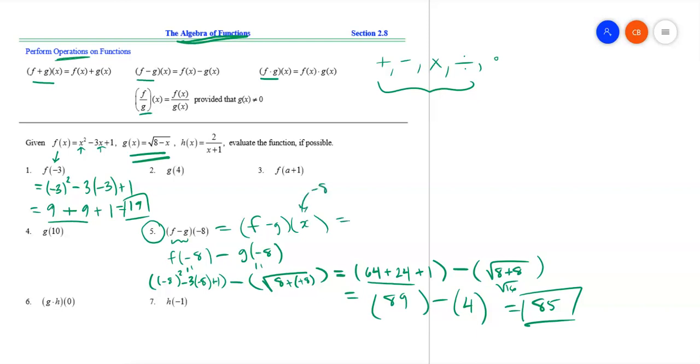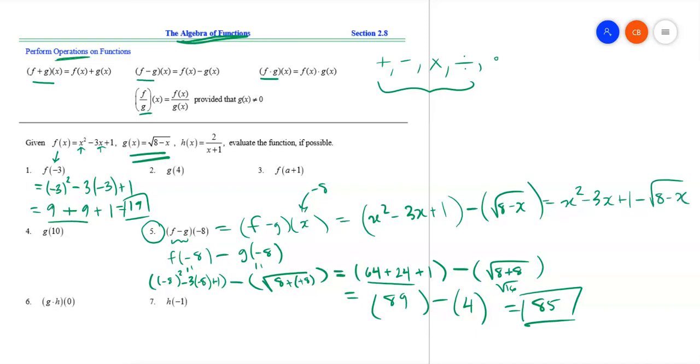So for example, f minus g of x is f of x, which is x squared minus 3x plus 1, and then we want to subtract g of x, which is the square root of 8 minus x. Since there's not much in the way of like terms here, we can just write it without the parentheses, and we'll be done simplifying that one. So it would go x squared minus 3x plus 1 minus the square root of 8 minus x.